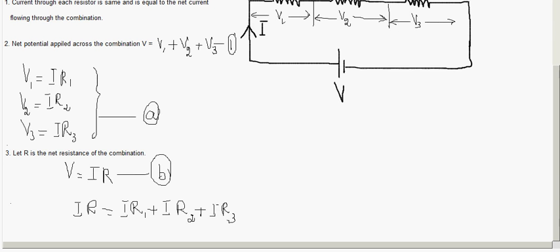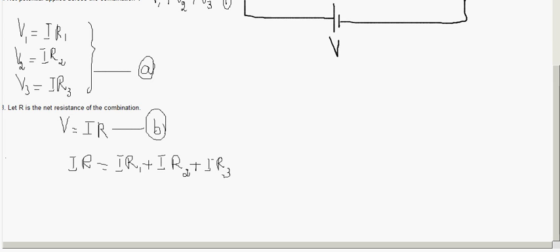You can take I outside: I into R is equal to I into R1 plus R2 plus R3.